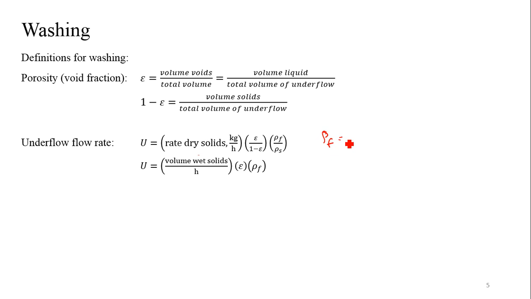So rho F is the fluid density, and rho sub S is equal to the solid density. Sometimes it's also done in terms of the volume of the so-called wet solids. Under those conditions, then, we can write that the underflow rate is given in terms of some porosity and some fluid density as well.